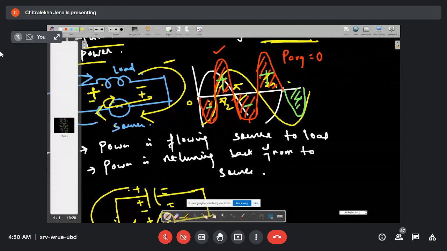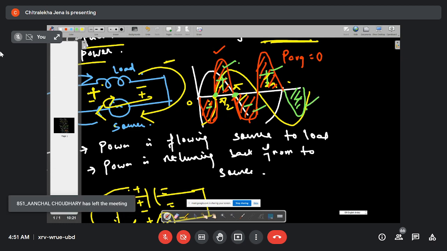In one quarter cycle, the power is flowing from source to load. In the next quarter cycle, the power is returning back from load to the source. Again, in the next quarter cycle, the power flows from source to load, and in the next, it returns back from the load to the source.